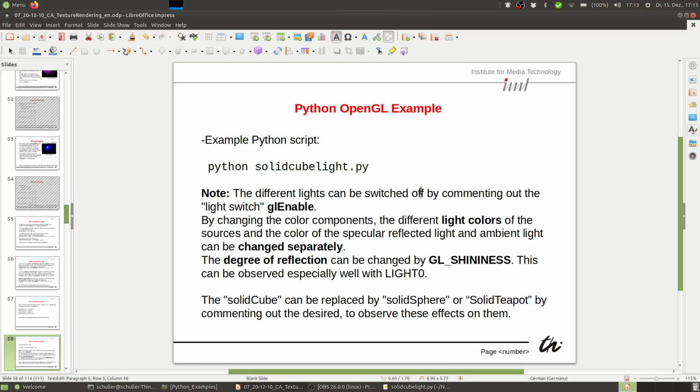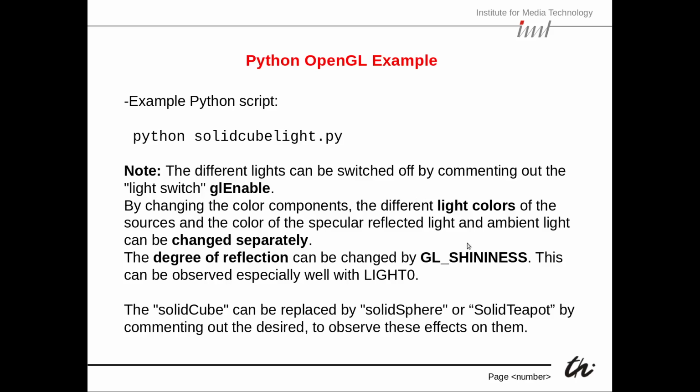Yeah, so that shows that it works, right? So we saw the different lights can be switched off by commenting out the light switch GL enable, and by changing the color components, the different light colors of the sources and the color of the specular reflected light and ambient light can be changed separately, as we saw in the different numbers.